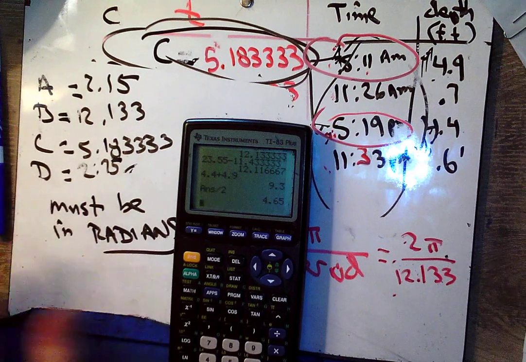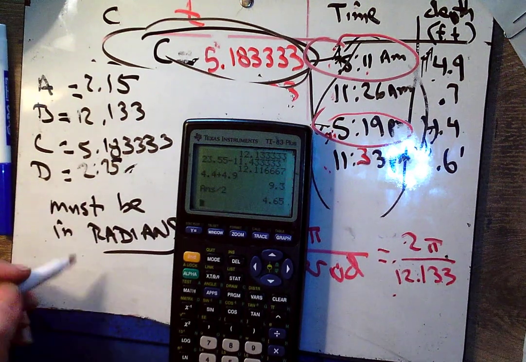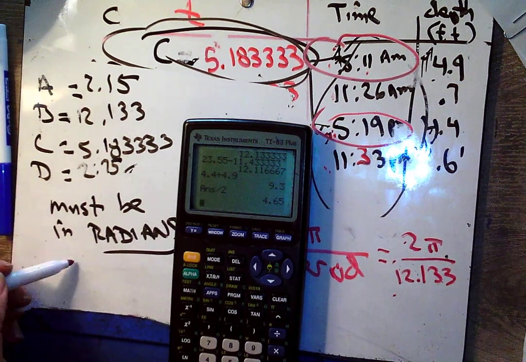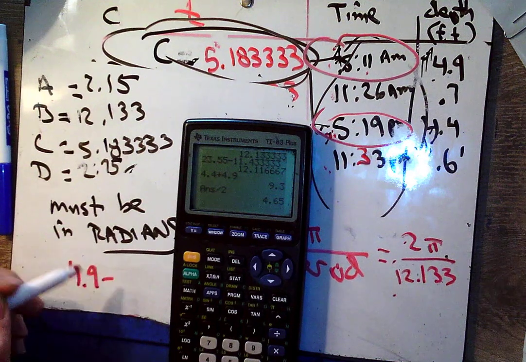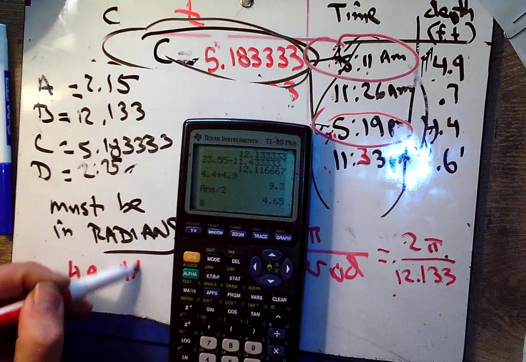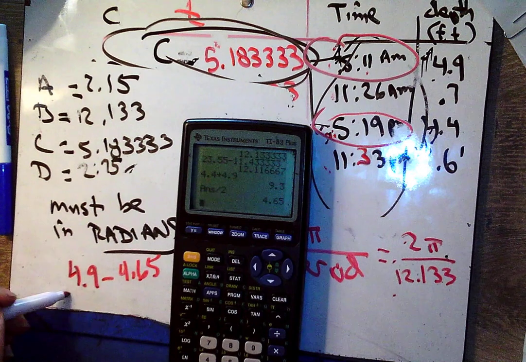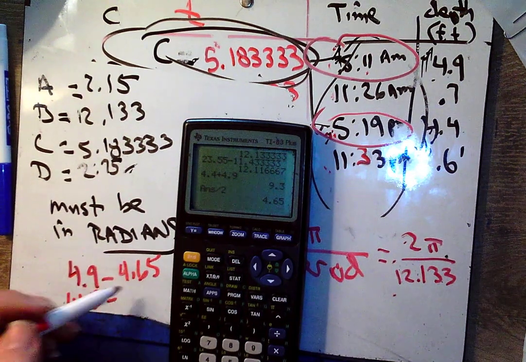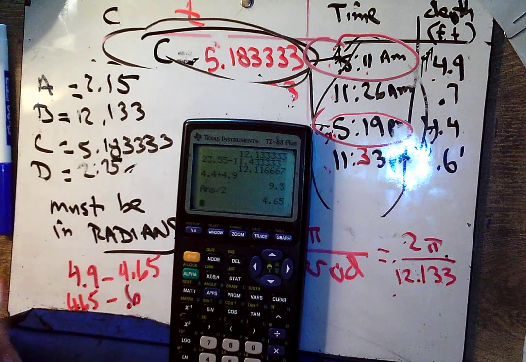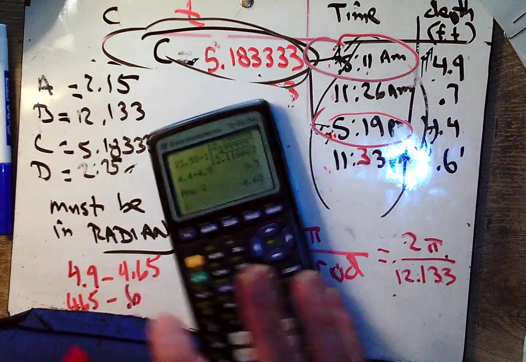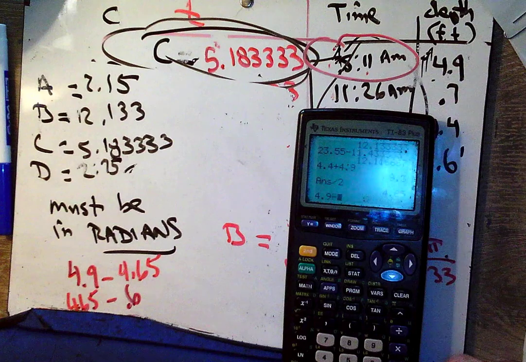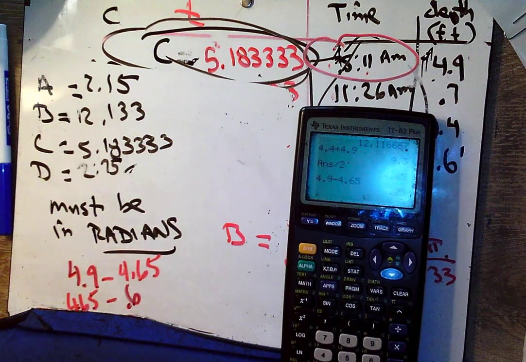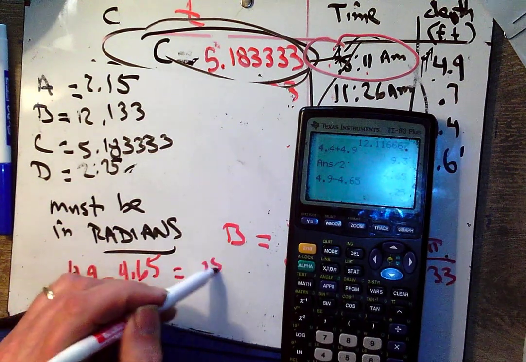So when I calculate my A value, remember A was the high Y value, 4.9, minus D, 4.65, minus 0.6.